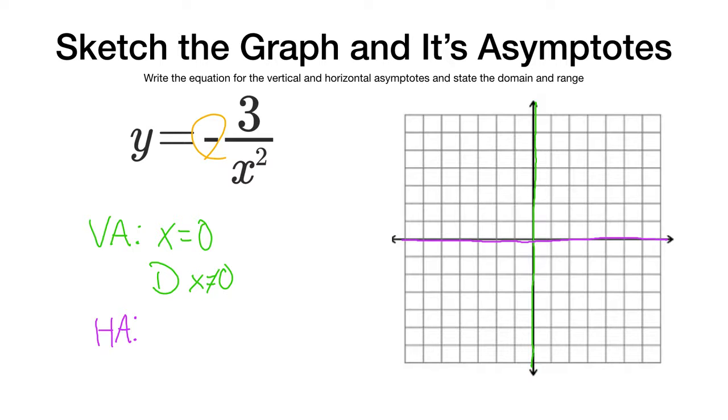So if I plug in 1, I'm going to get -3. 2 will end up being all the way up here. 3 will end up being all the way down here. Leading us very quickly to get close to our asymptotes.